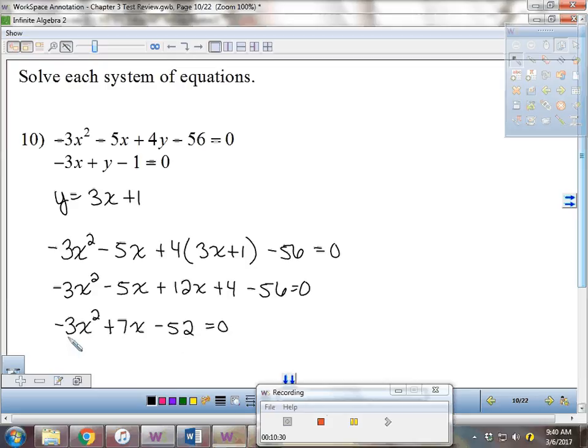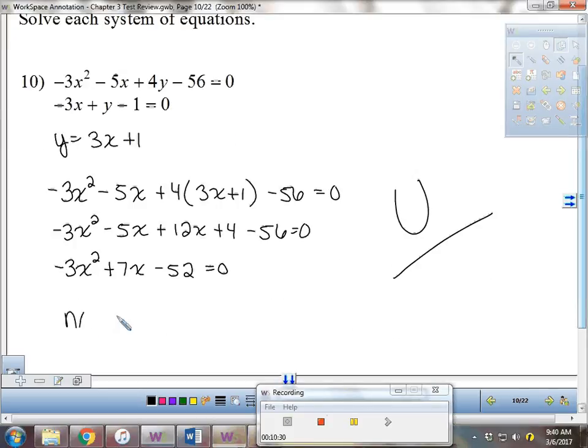And what you're going to figure out once you start doing this and you try to factor is that this is not factorable. And then the smart thing to do would be to go and graph both of these and see what it looks like. And what you'll see is that it looks like this. So they never actually touch. And so therefore, if they don't actually touch, you have no solutions.